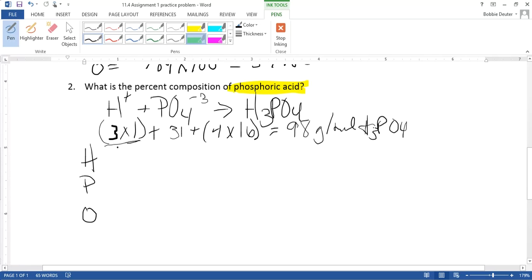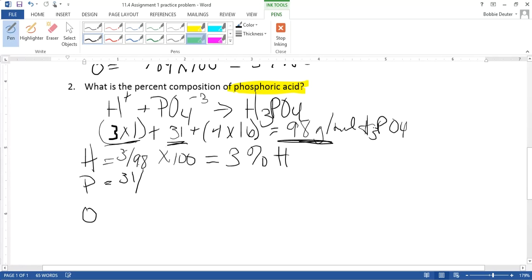So we have 3 hydrogens, so you have 3 over 98, because we're using that mass of hydrogen, times 100. Again, 98 comes from our molar mass here. We get a total of 3% for hydrogen. We have 31, because we just have one single phosphorus, over 98 times 100.